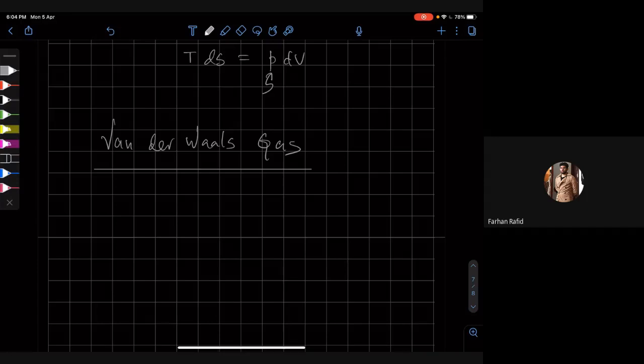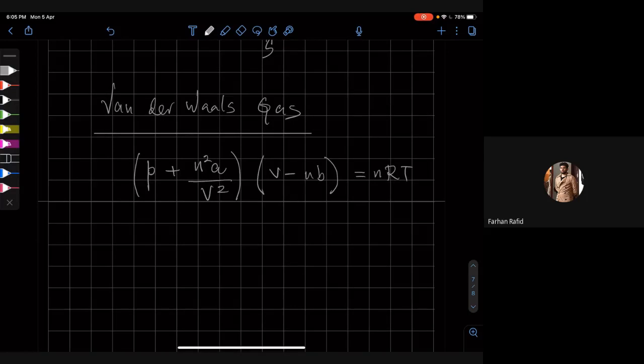So the equation of state is (P + n squared A over V squared)(V minus nB) = nRT, where A is a constant that depends on the gas, so we are not going to bother about that, some positive constant, and n is the number of moles. Okay, so this is the equation of state for the van der Waals gas.